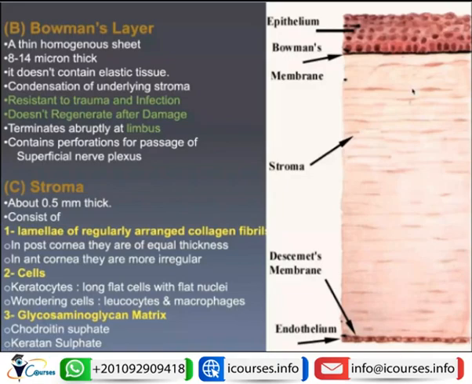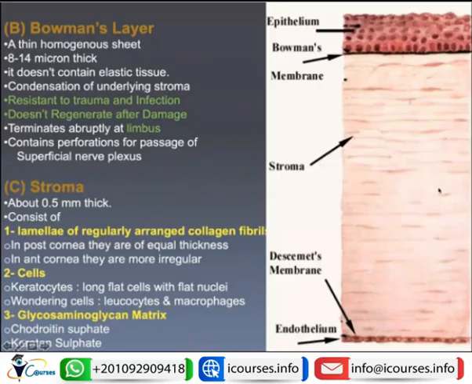So these regularly arranged collagen fibrils are important for maintaining the corneal transparency. In the anterior cornea, they are more irregular, while as you go posteriorly, they become more regular.